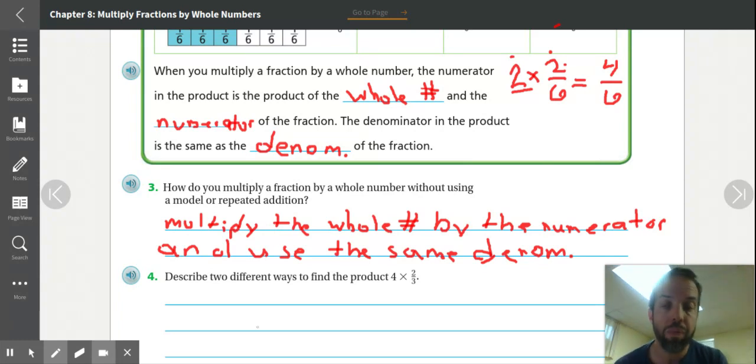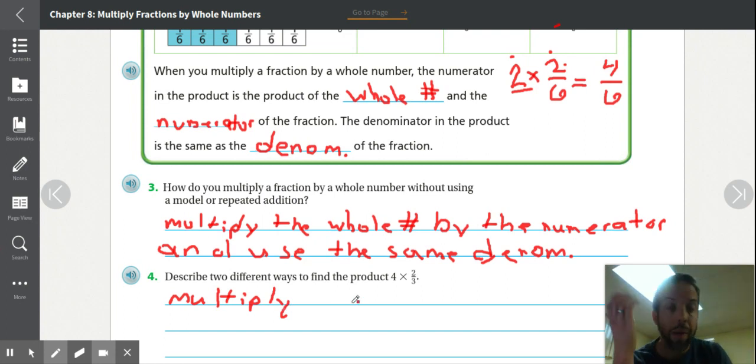I could multiply 4 times 2, my whole number times my numerator, and that would equal 8/3. So multiply my whole number times my numerator.